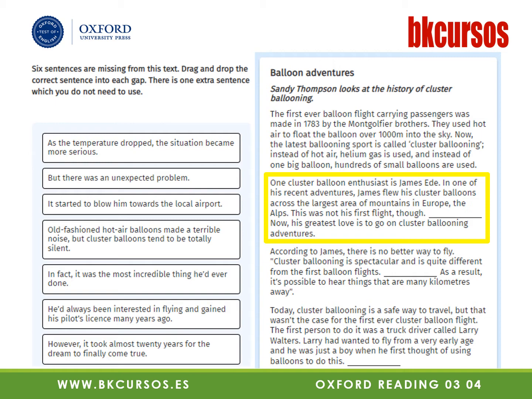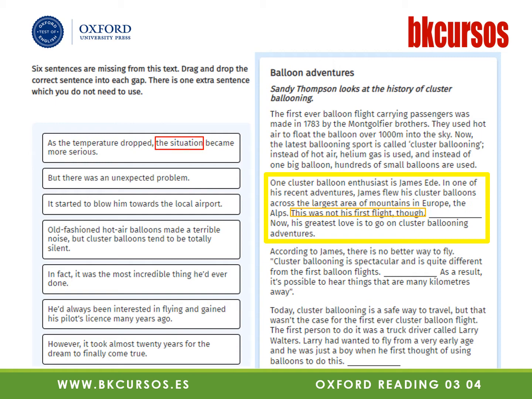Now, his greatest love is to go on cluster ballooning adventures. Okay, so what is the key information here? The key information is normally before and after the gap. So here I would say that this was not his first flight, though. Now let's go sentence by sentence.